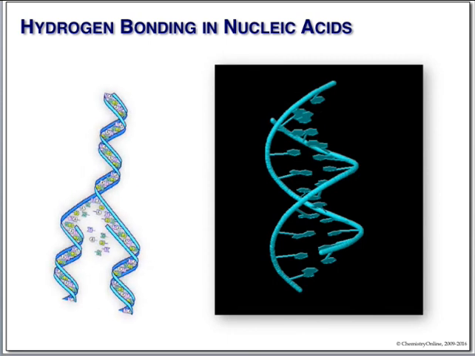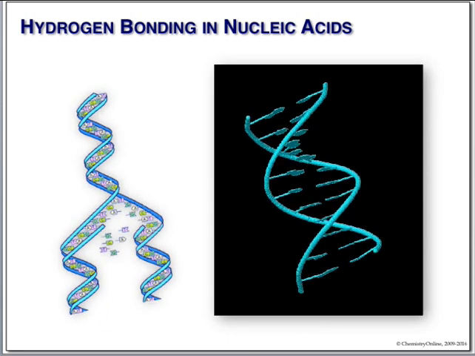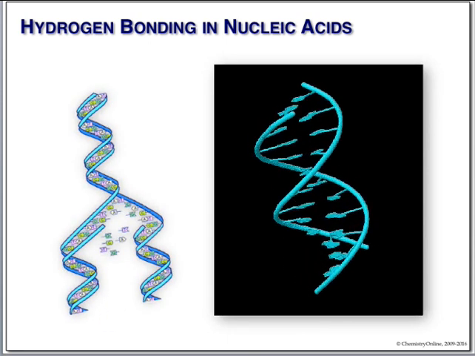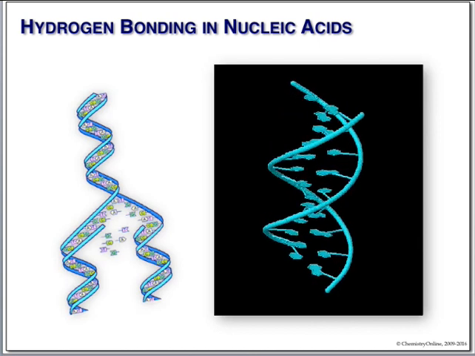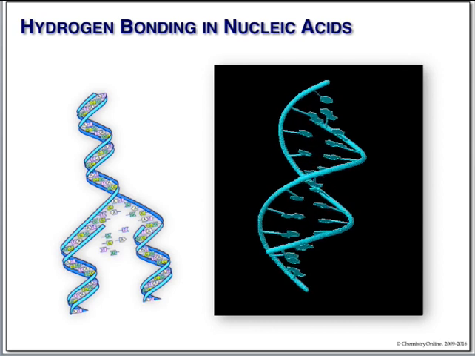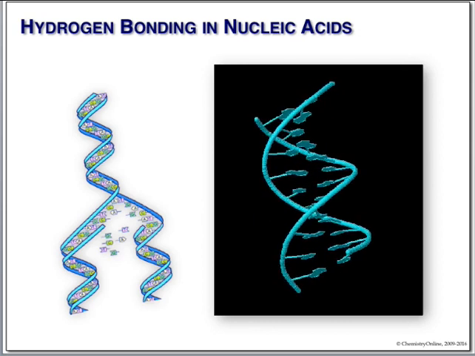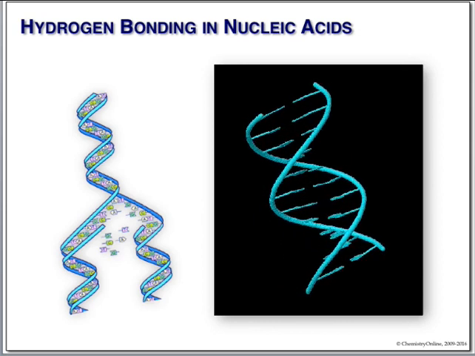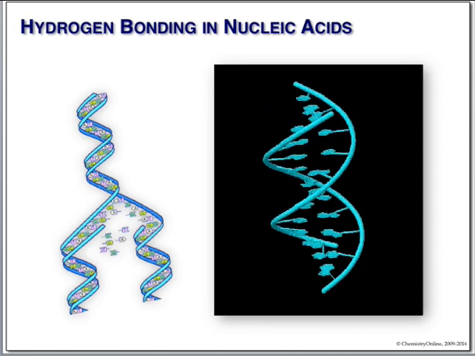When they get together, they form something like this. And again, you can see the bases line up very specifically, hydrogen bond to each other. Our backbone here, once again, is going to be our ribose and phosphate.